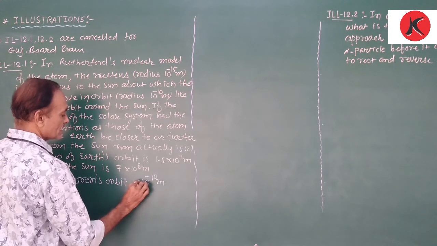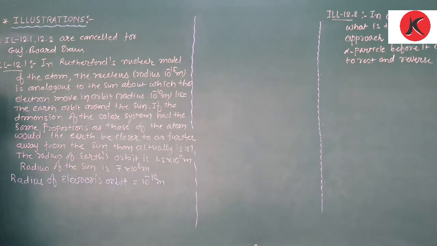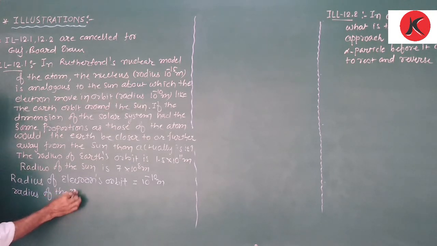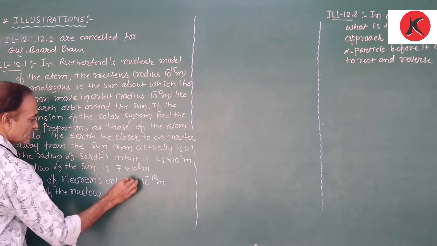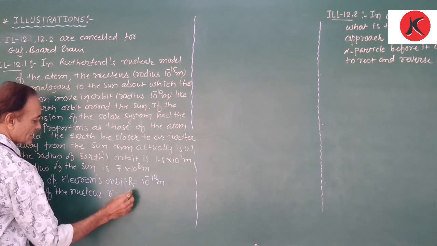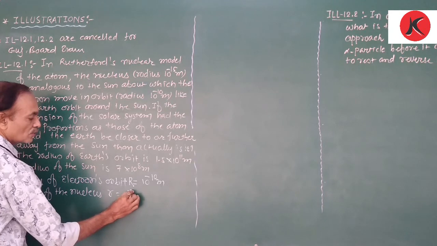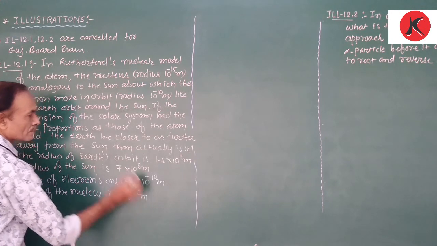Actually, this is the radius of the atom. The radius of the nucleus, small r, is 10⁻¹⁵ meter.